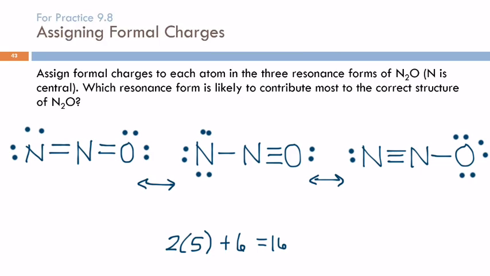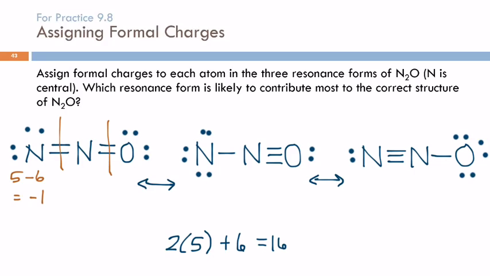So we're going to imagine breaking up these molecules. How many valence electrons does nitrogen have by itself? 5. How many does it get in the breakup? 6. So 5 minus 6, its formal charge here is -1.